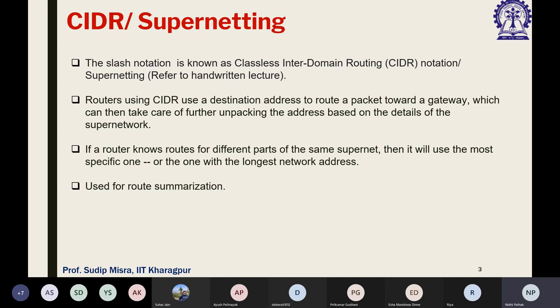You see that there are two parts. If you take each of these networks, there is a part which is variable and another part which is fixed. For example, 200.1.0.0, then the next one was 200.1.1.0.